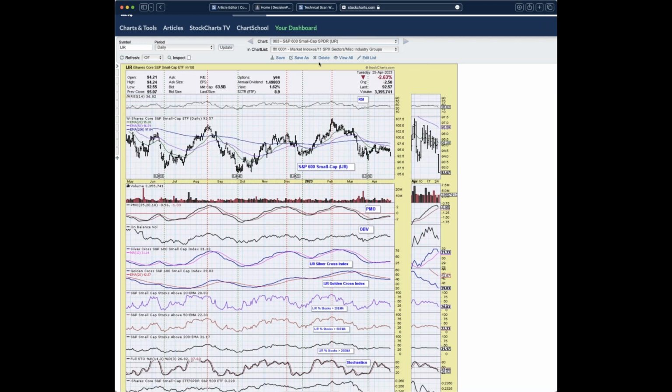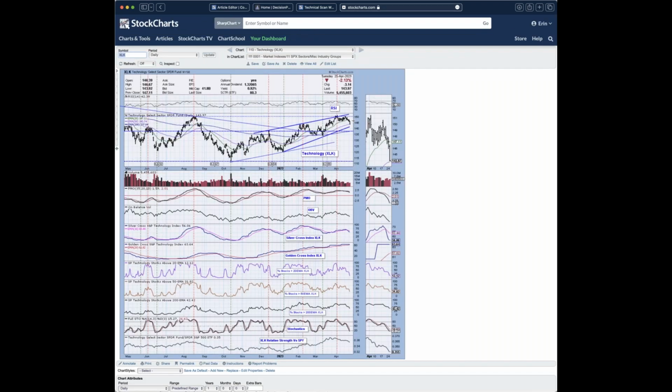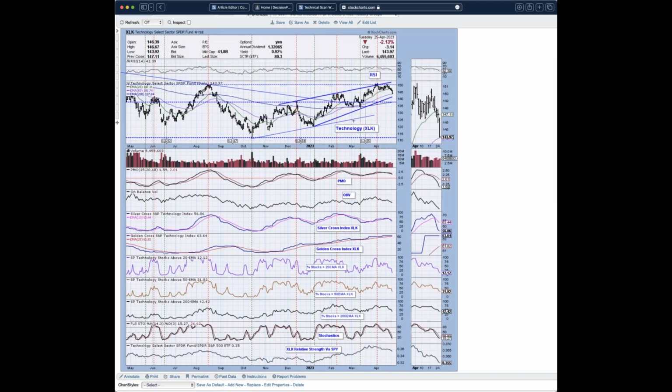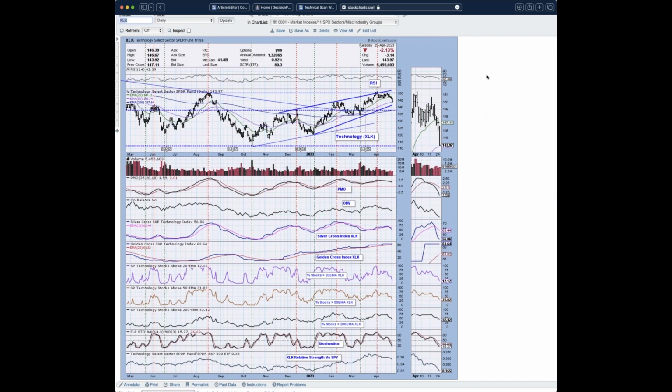Let's go ahead and look at the tech space. All right. So rising wedge, it's bearish. We already see that we're falling and could very well break through this rising trend that forms the bottom of that bearish rising wedge.